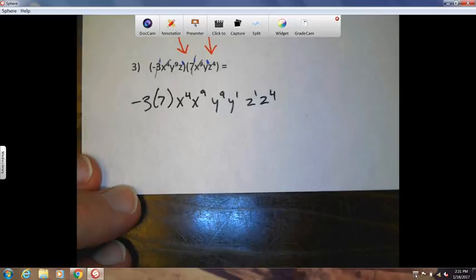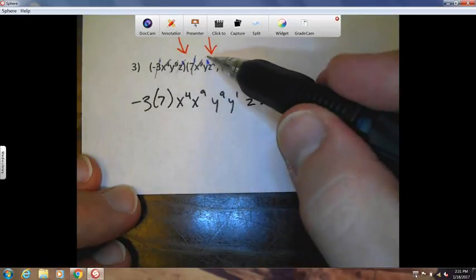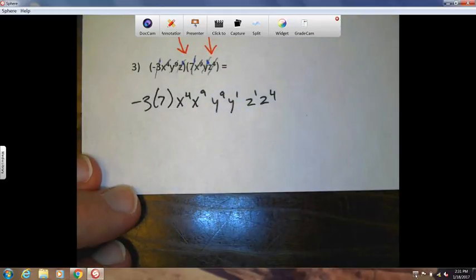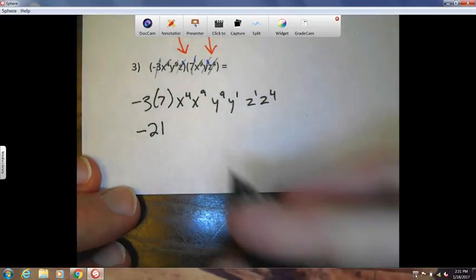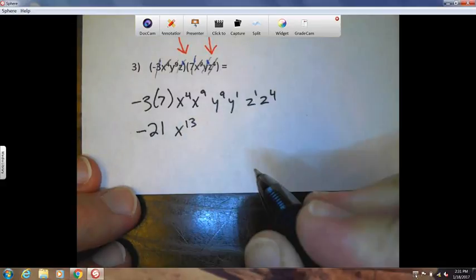Okay, so I got everything. Now all I need to do is finish my multiplication. So remember, when you're multiplying, you add exponents. So here's negative 21, multiplying coefficients, x to the 13th, y to the 10th, z to the 5th.